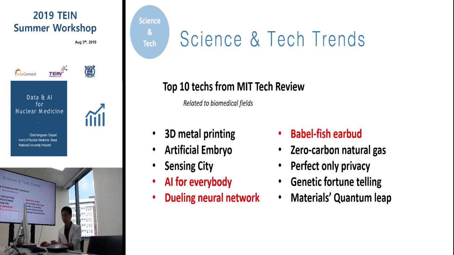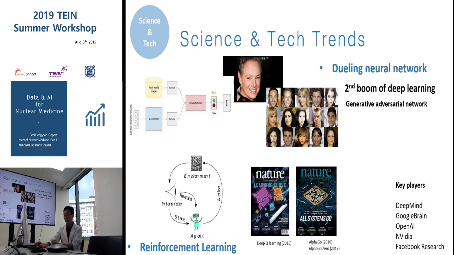And dual neural network is related to generative models, and Babelfish earbud is related to automatic translation between different languages. So three of the top 10 technologies are related to artificial intelligence.